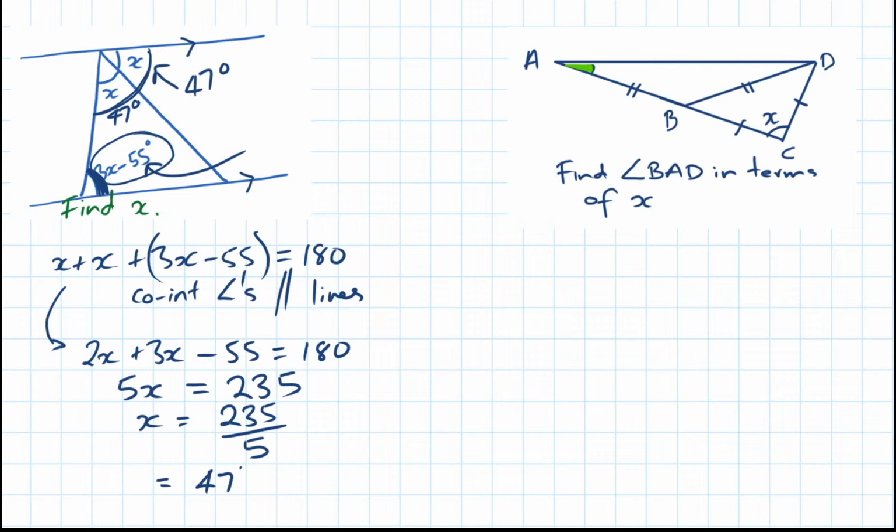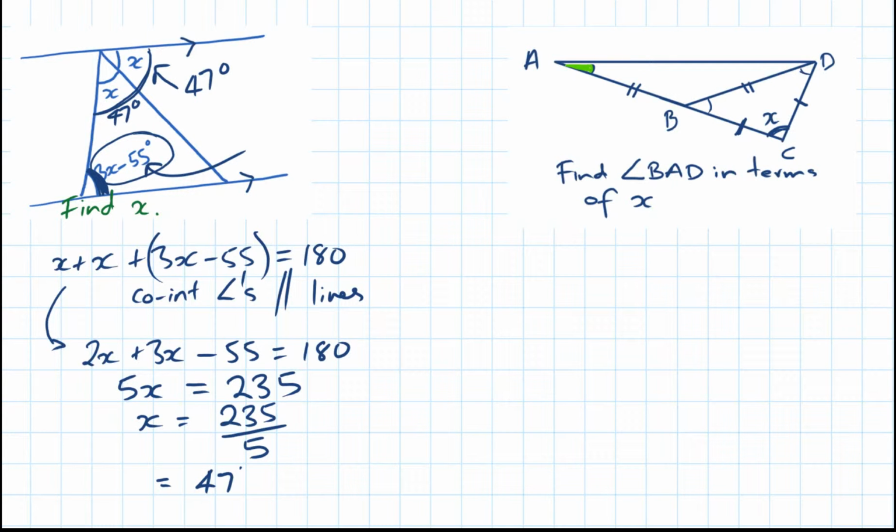Okay, the last example, we need to work out what angle BAD is, this green one here. Find angle BAD in terms of x. The question shows us that this angle here is x. You can see we have an isosceles triangle here, this smaller triangle BDC, which means we can work out these two angles here.